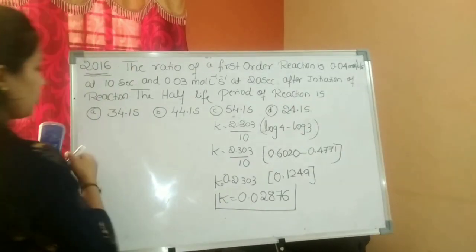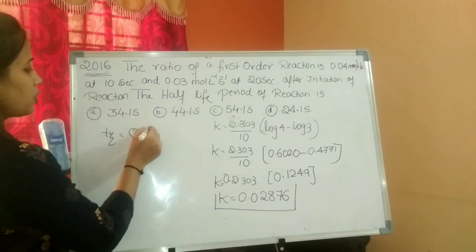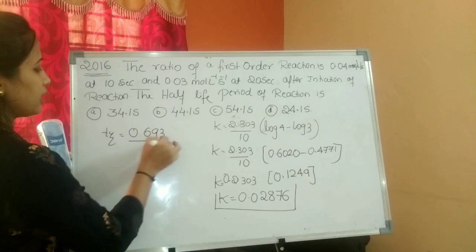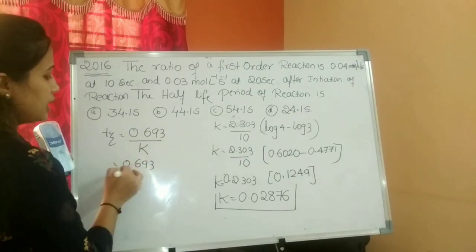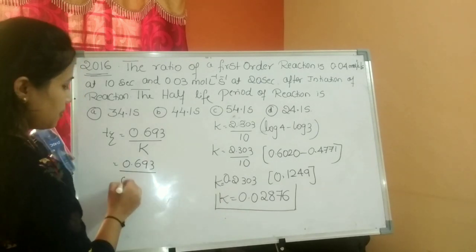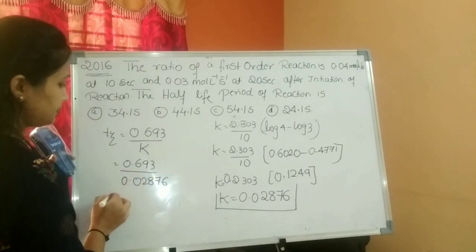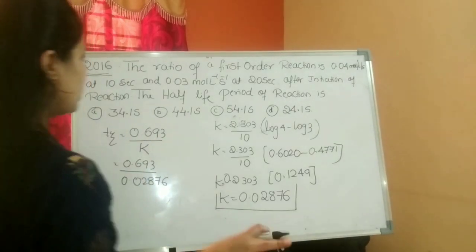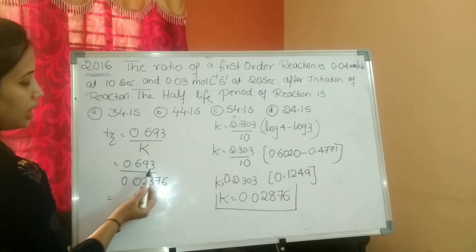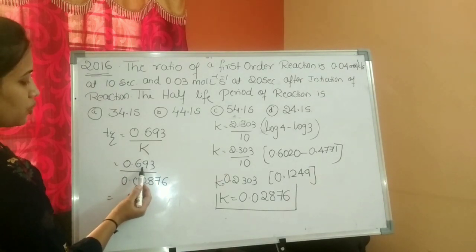So we know the formula of t half, that is t half of a first order reaction is 0.693 divided by k. 0.693 divided by 0.02876. So what I am going to do, students, just to make the calculation easy, I am going to shift the points over here. See, you could observe, 1, 2, 3.